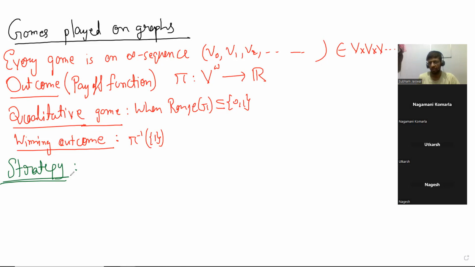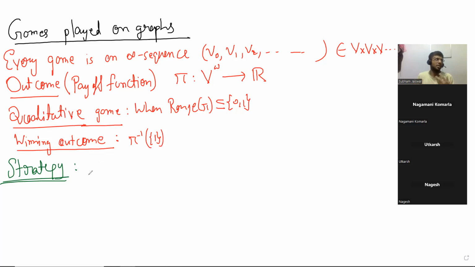Maybe to maximize your chances of winning. But that would be an optimal strategy. In general, what is a strategy as a function? So I suppose that would be difficult to think immediately. So the strategy would be a function.